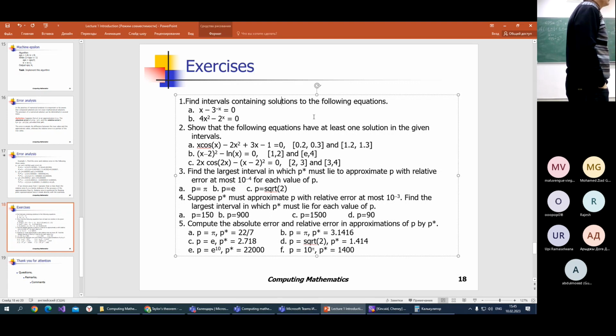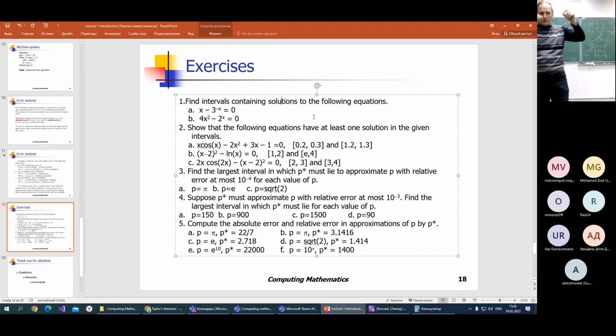So the answer to this question is very simple. We should find such 2 points where a function has different signs. Between these 2 points, there must be a 0.